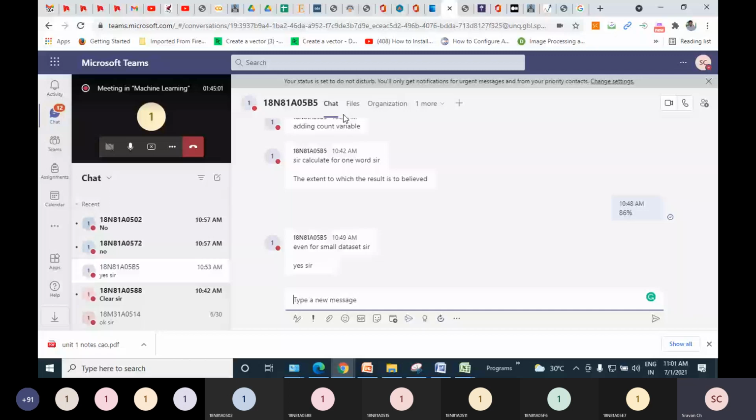So what could be the word? Can you predict what should be the word? It can be learning, right? Most likely it should be machine learning.